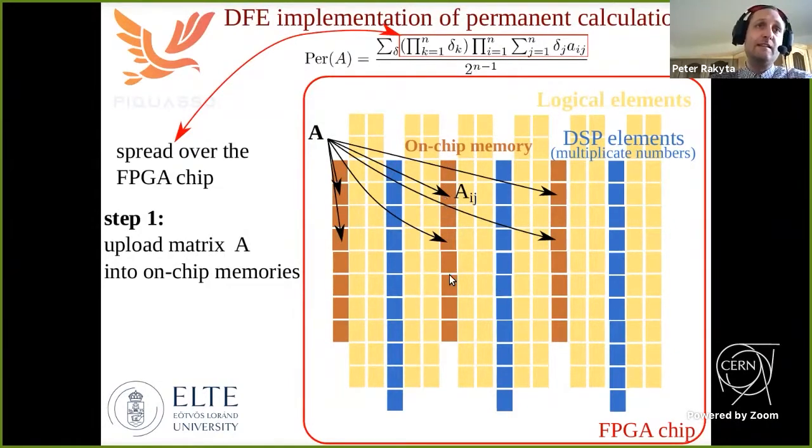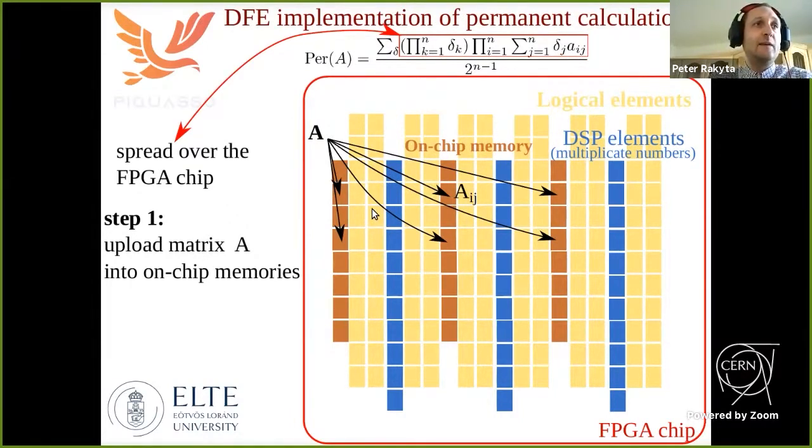For example, we have on-chip memory organized in columns, and we spread the elements of our matrix across the chip to give the opportunity to form computational logic around these matrix elements, because we need to decide their sign, we need to sum them up, and so on.